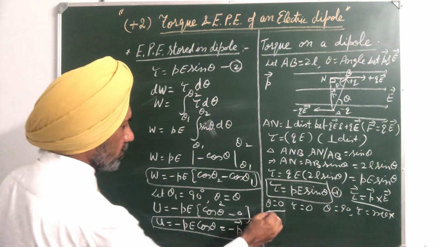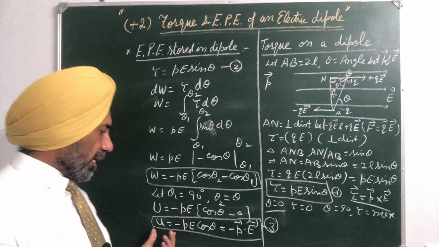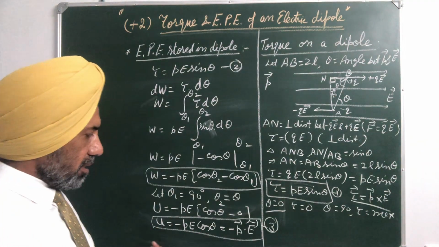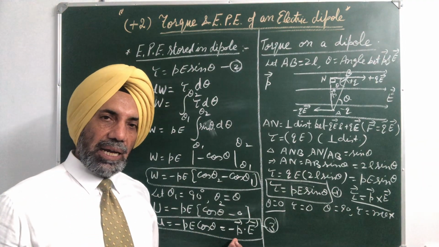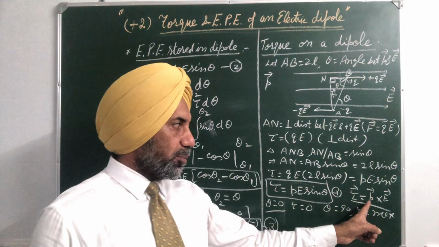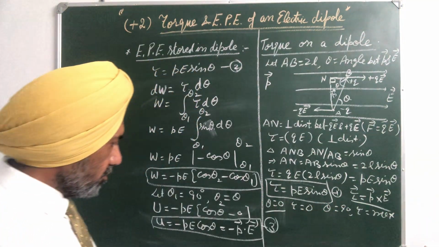So it means electrostatic potential energy is given by minus PE cos theta, or it is the dot product of electric dipole moment and electric field. Torque is the cross product of electric dipole moment and electric field.